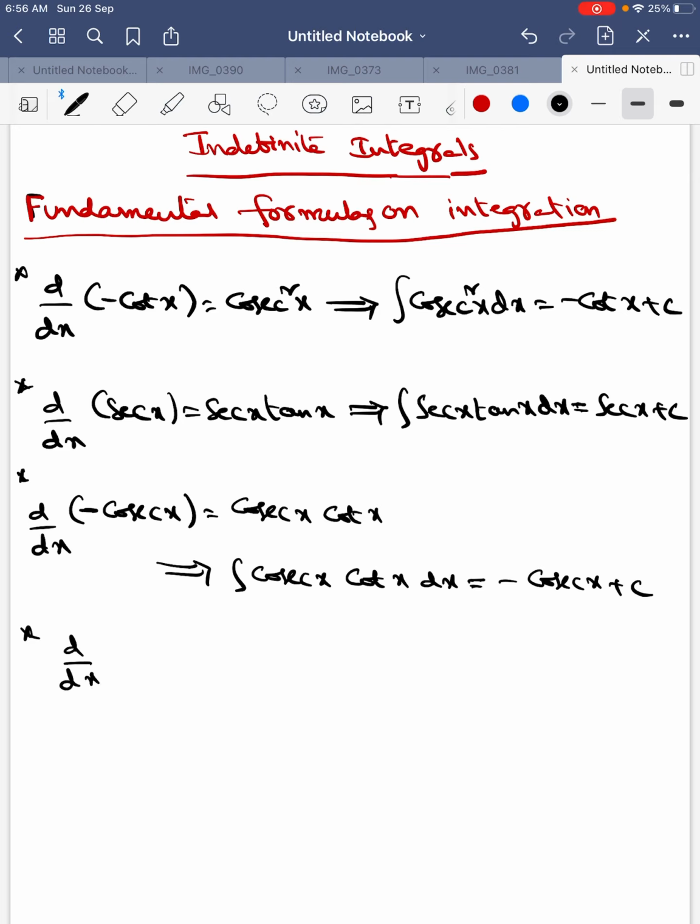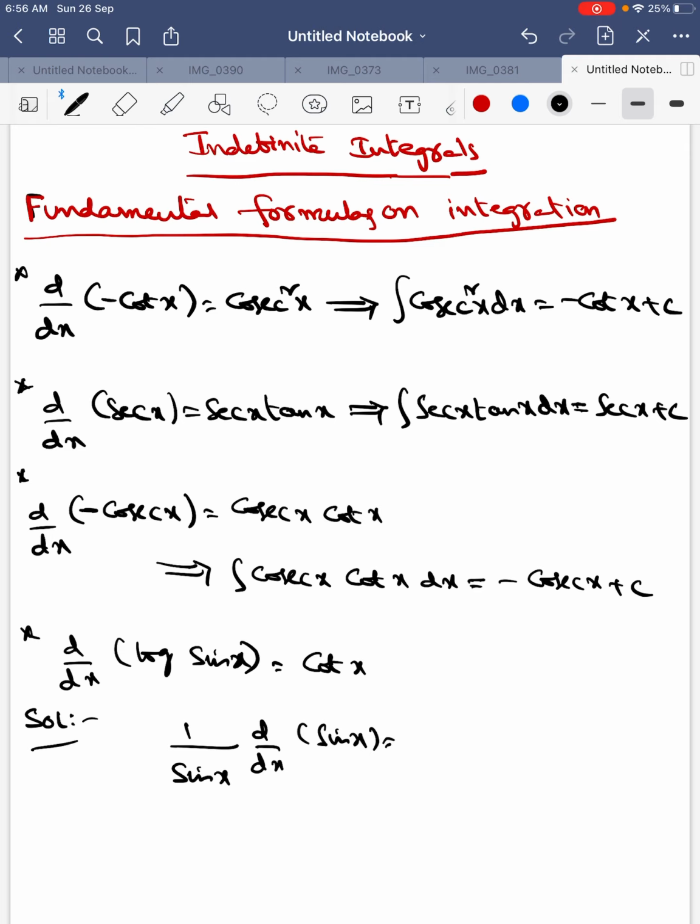D by dx of log of sin x is equal to cot x. Here is the solution: the derivative of log x is equal to 1 by x. Therefore, for log of sin x, it is 1 by sin x into d by dx of sin x, that is cos x.